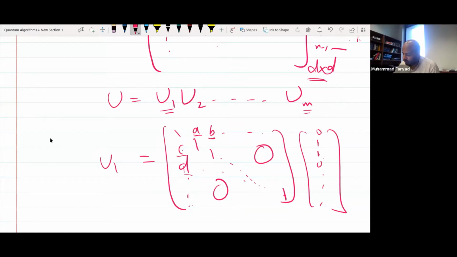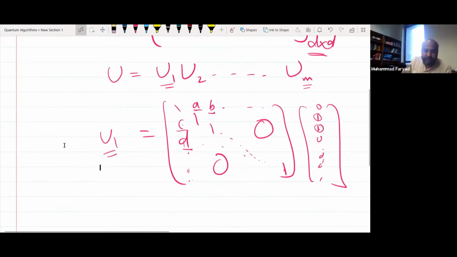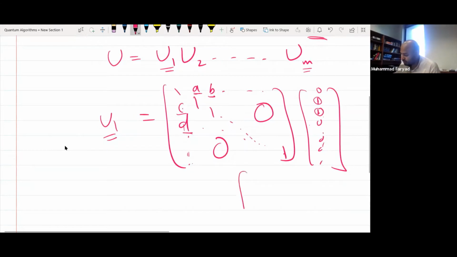And these 2 elements also correspond to these 2 states. So only a state which has a 1 here or a 1 here is impacted by this unitary. This is called a 2-level unitary transformation. To be more precise, this unitary transformation acts non-trivially only on this state and this state.